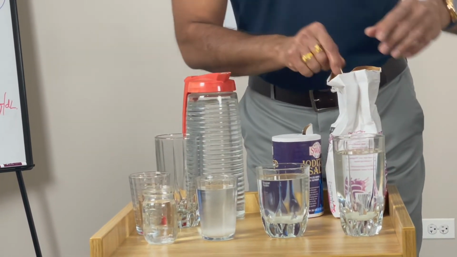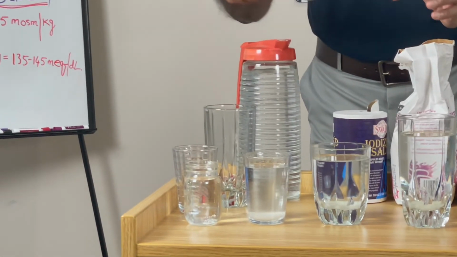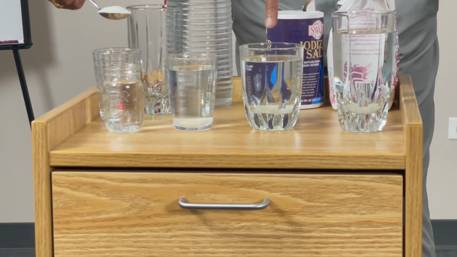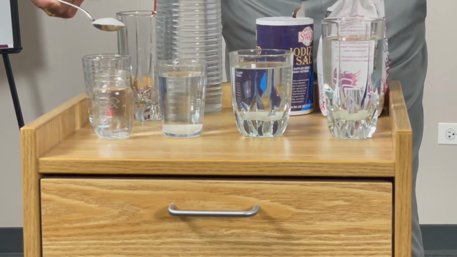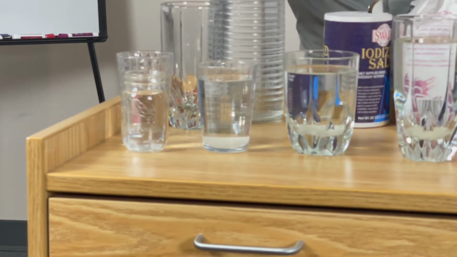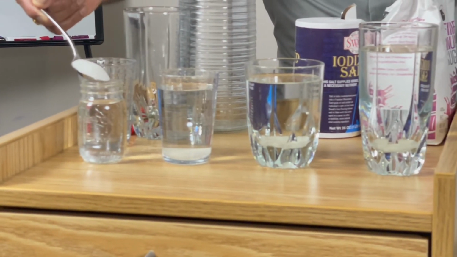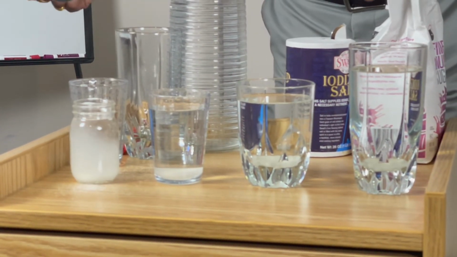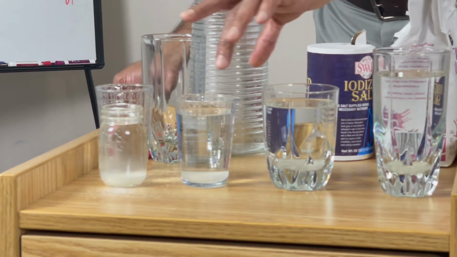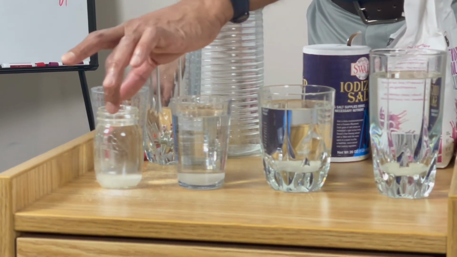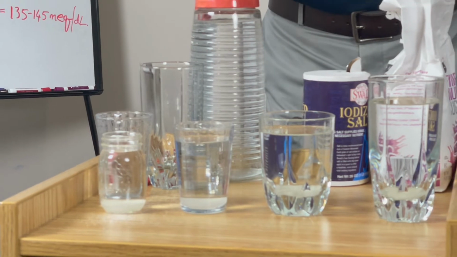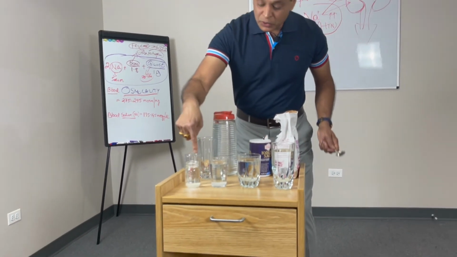Same 5 grams, same amount. So it's not about the amount, it is about the volume and the concentration. There's more volume here, a little bit less here, and less again here, but I put the same amount of salt. So it's not about the amount of salt, but about the concentration.